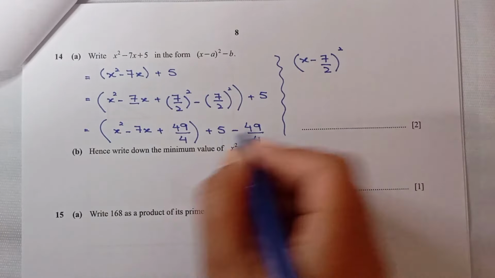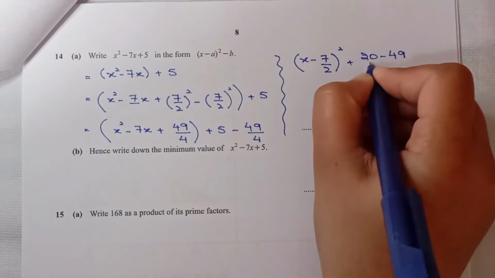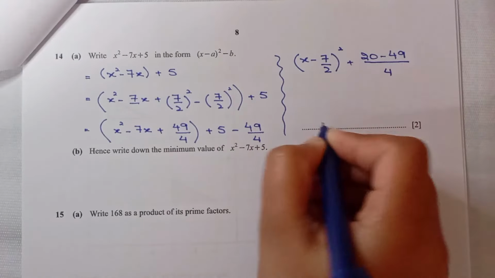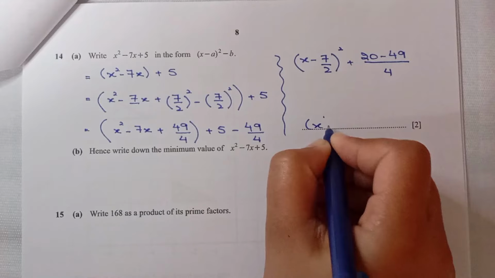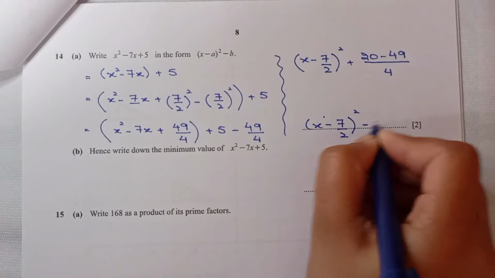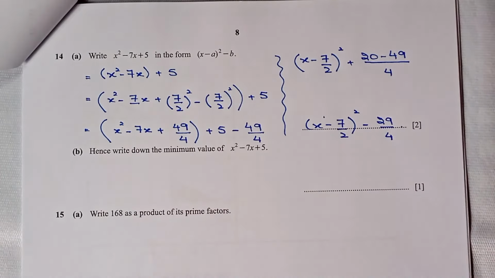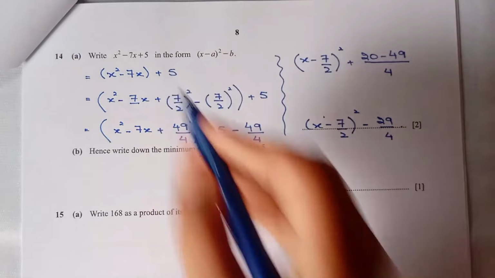And 4 times 5 is 20. So 20 minus 49 divided by 4. So the expression would be x minus 7 by 2 whole squared, and then minus 29 by 4. Yes, this is the completed square form of the given quadratic expression.